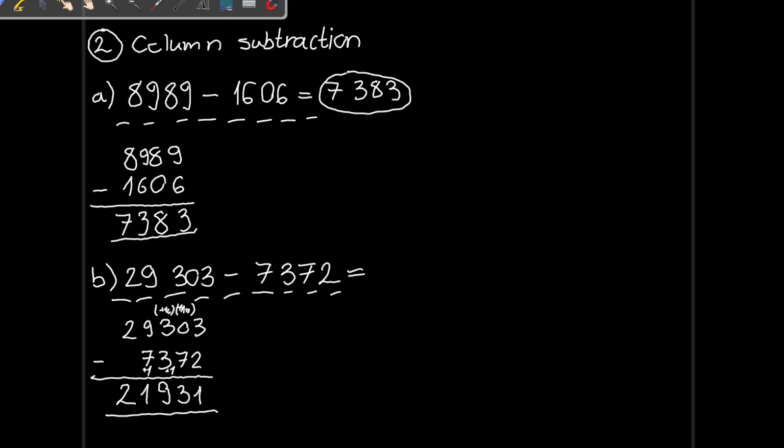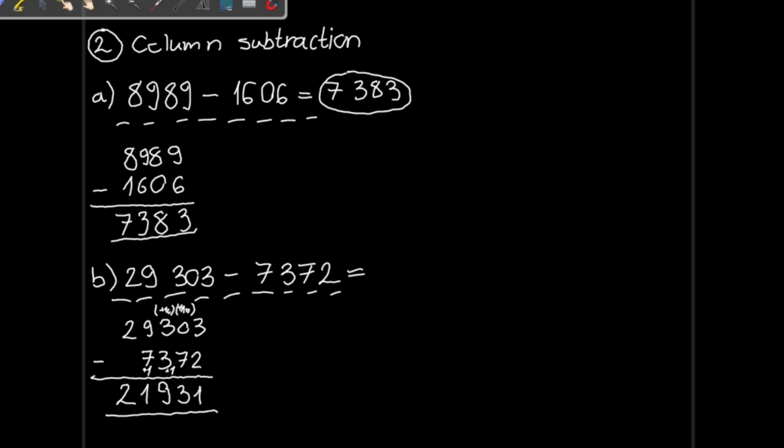Okay, so alternatively, instead of 3 minus 2, we can say 2 plus what is 3. So 2 plus 1 is 3, 1 here. And then we say 7 plus what is 10, and that's 3. And because we increase this by 10, we add 1 to the next number here, which is 3.